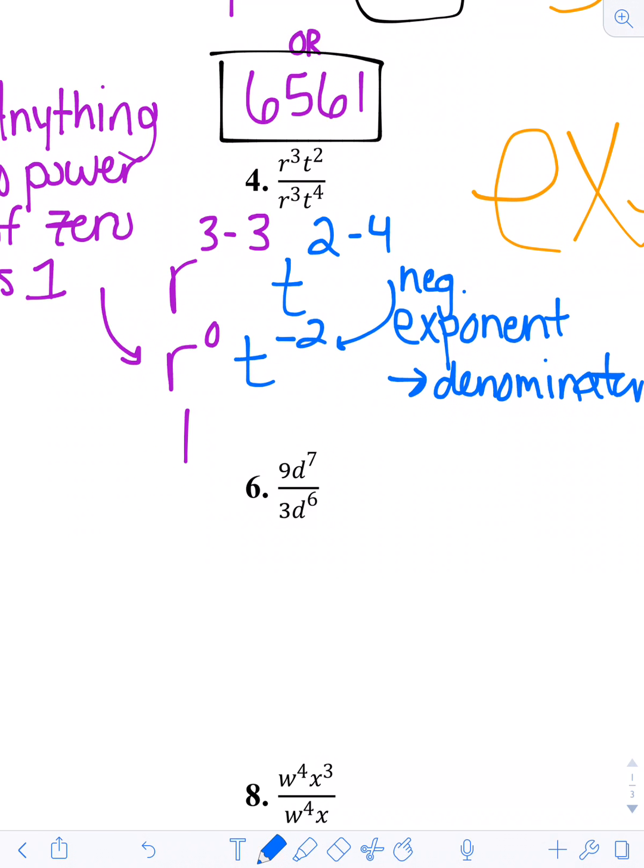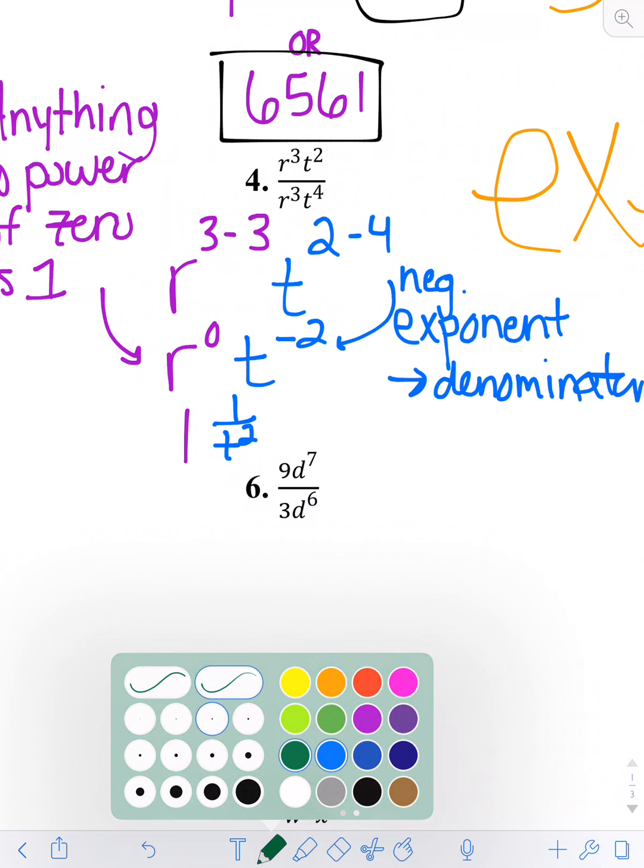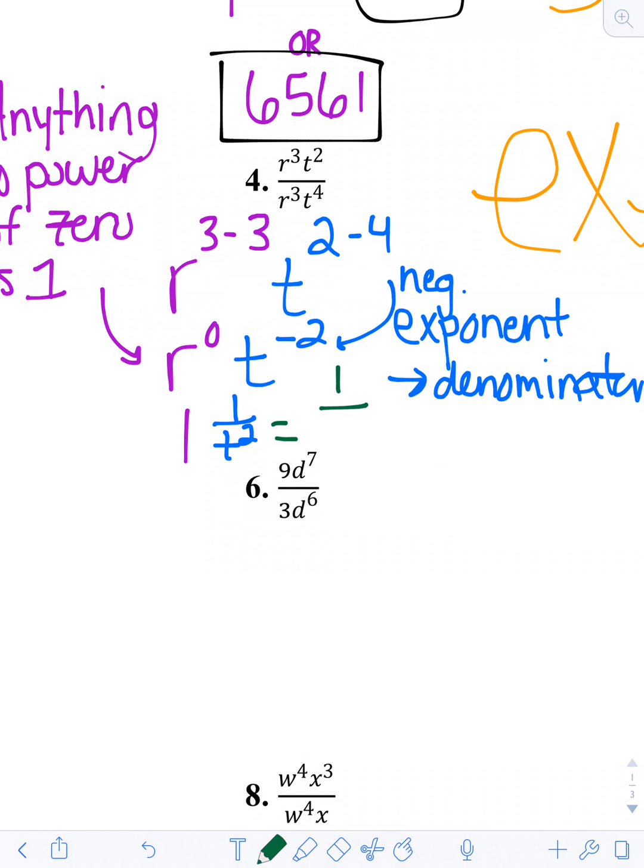So what this is going to be is 1 over t squared. Well, you don't need this 1 out in front, so your final answer is just 1 over t squared. All right, and we'll get to some more problems like that here in just a little bit.